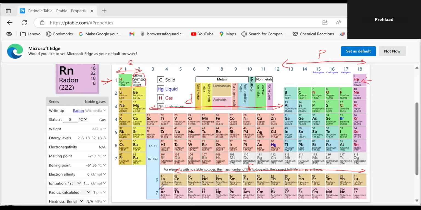You can continue. Now the next part that is important is electronic configuration.